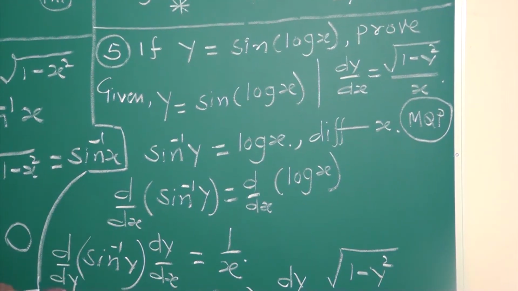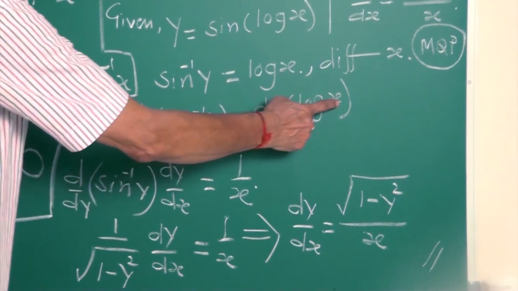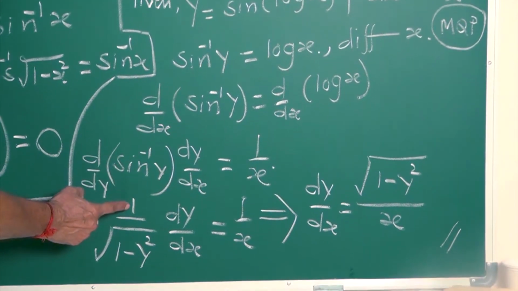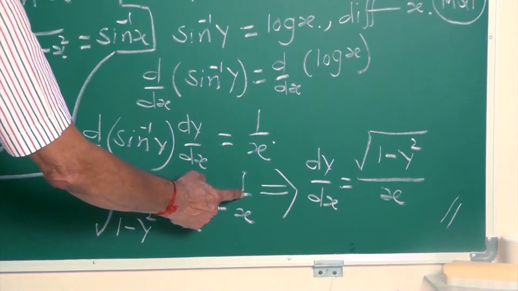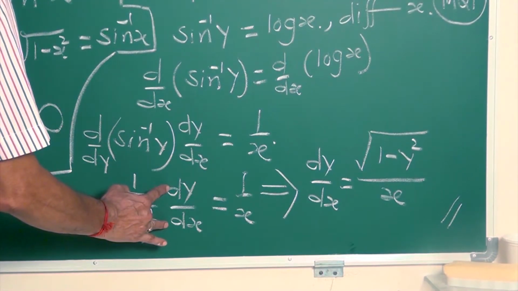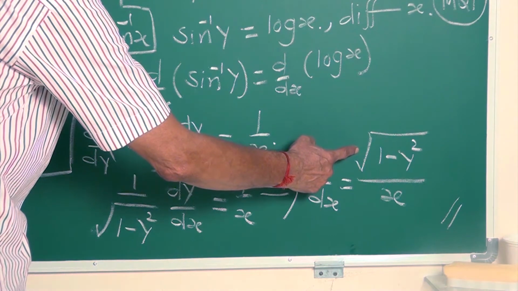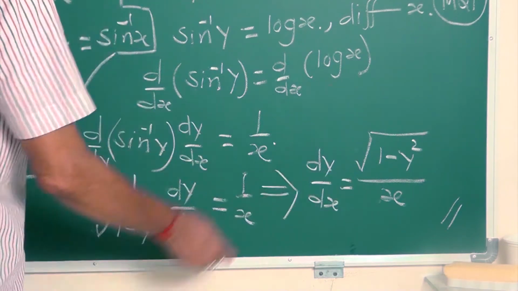First the function of y with respect to y, then y with respect to x. You know the derivative of log x with respect to x is 1 by x. What is the derivative of sin inverse y? 1 by root 1 minus y square into dy by dx equal to 1 by x. Solve for dy by dx: take the denominator to the numerator. Square root 1 minus y square upon x. This is dy by dx.